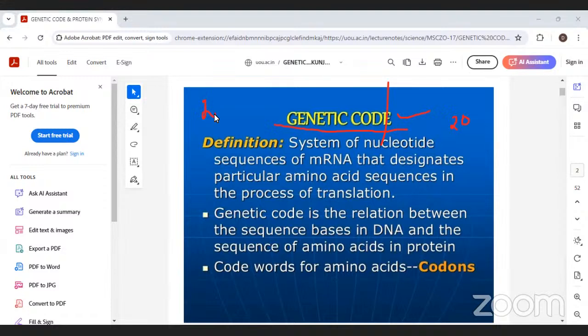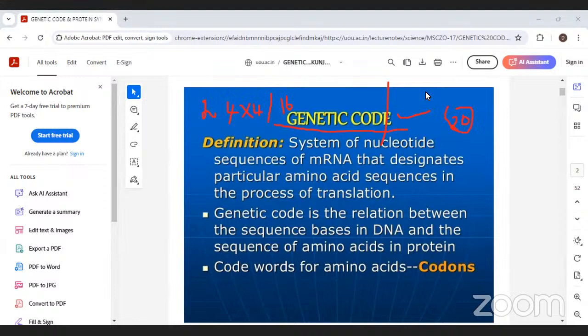The possible dinucleotide combinations, called twice, you can calculate as 4 into 4, which is 16. Therefore, there are too few to account for these 20 amino acids.